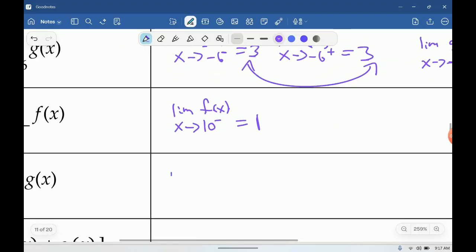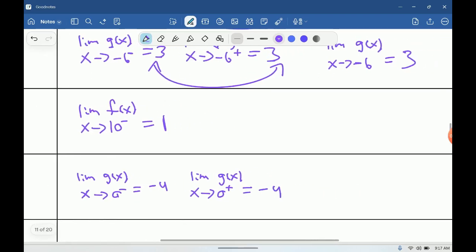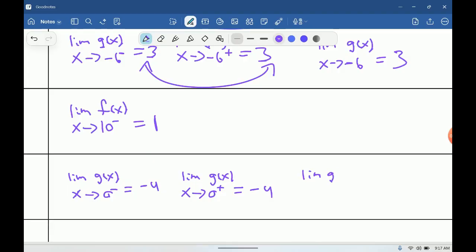So we would put that down as the limit of g of x as x approaches 0 from the left equals -4. The limit of g of x as x approaches 0 from the right is -4. So overall, the limit of g of x as it approaches 0 equals -4.